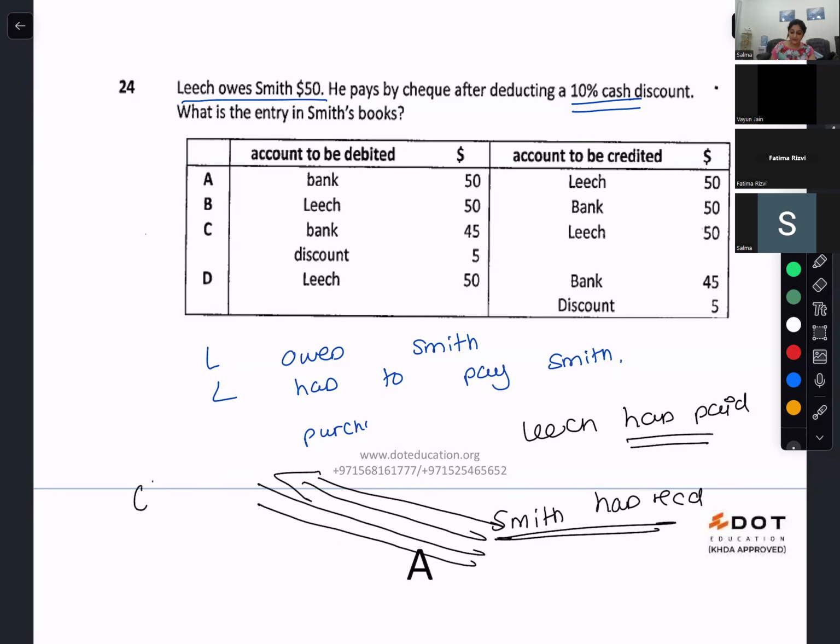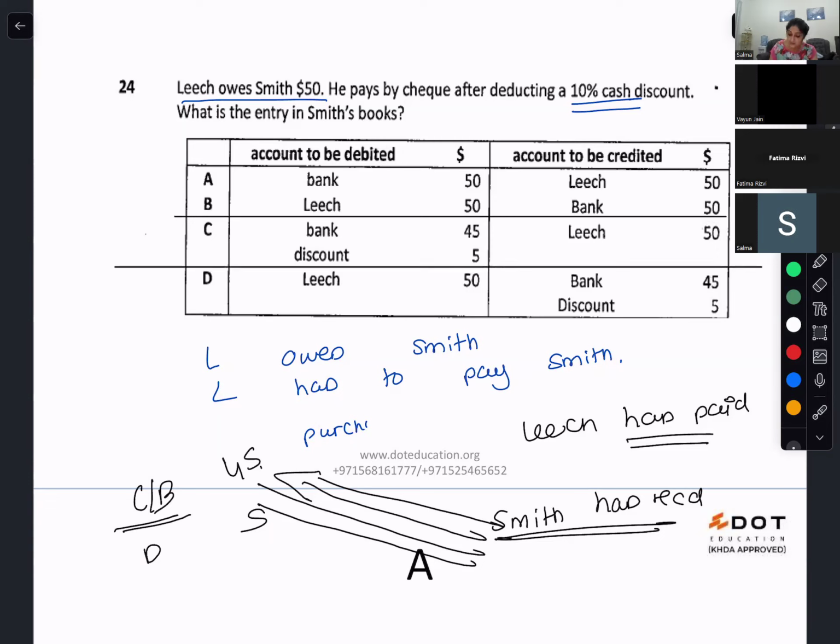So cash bank will be debit or credit? Debit, 45, and discount will be 5. Discount allowed. For Smith it is discount allowed. Bank debit, discount debit, and Leach credit.